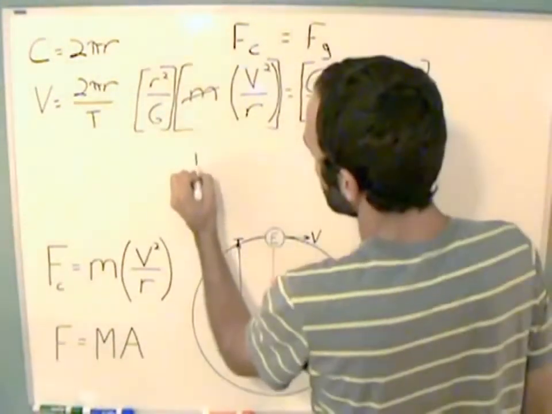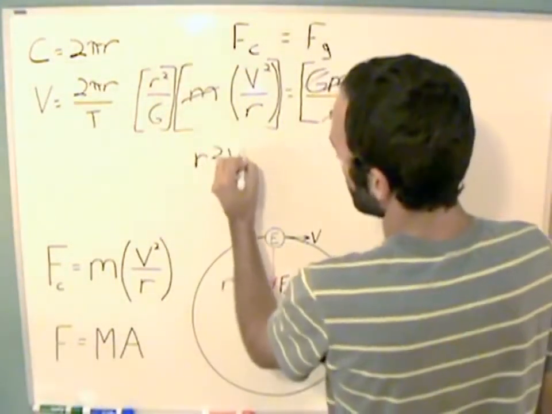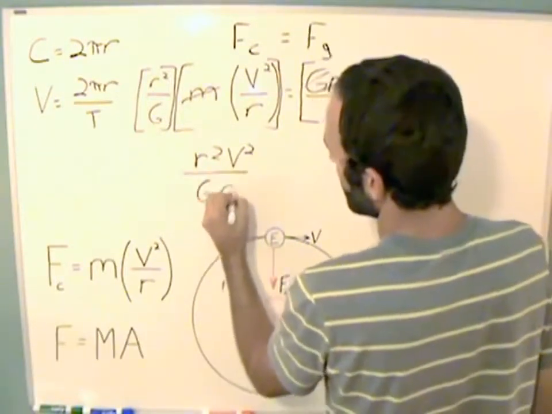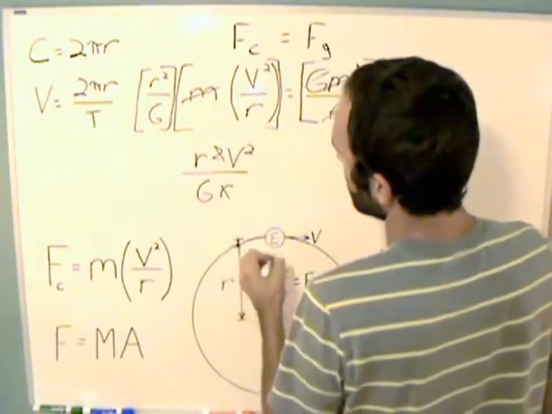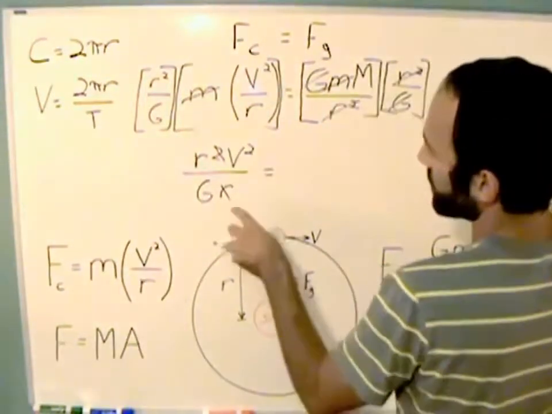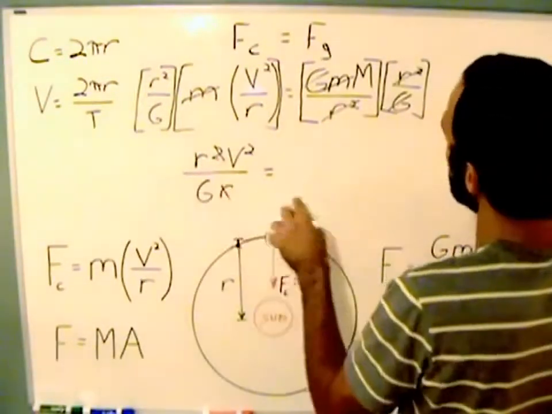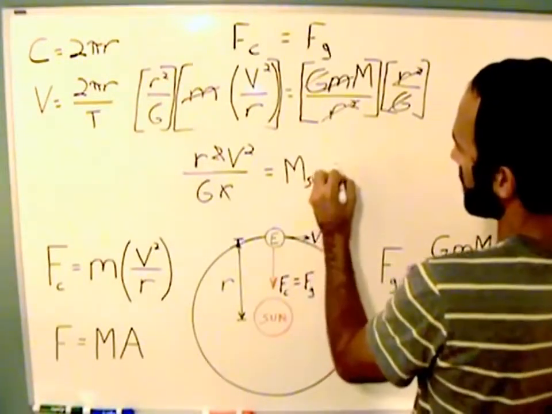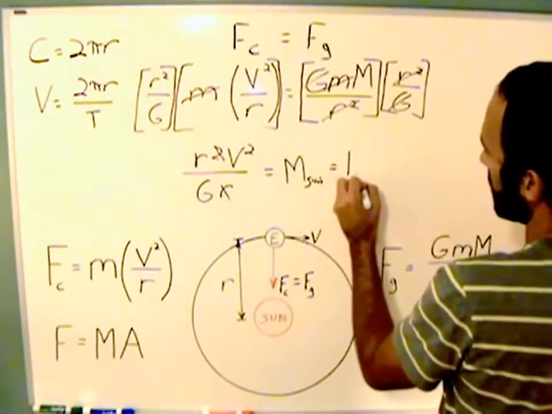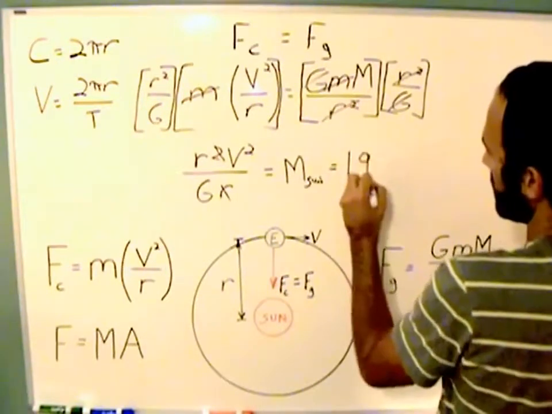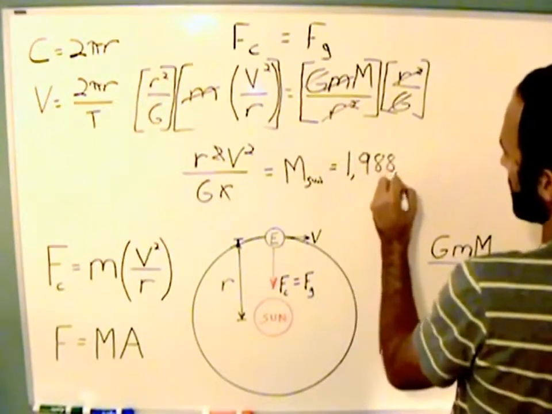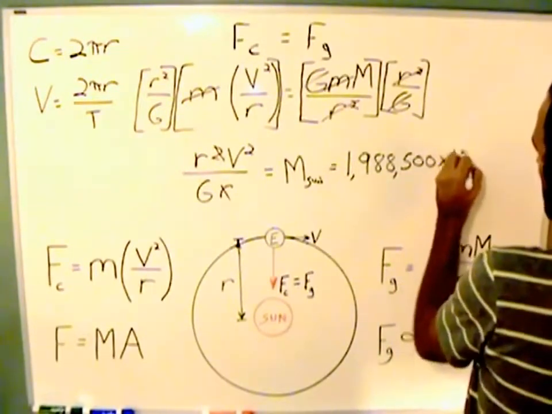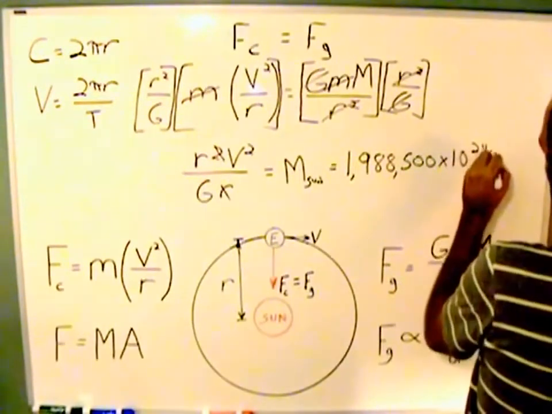Over here you've got r squared times v squared over g times r, and then this r cancels. So you really just have r times v squared over g is equal to the mass of the sun. And that comes out to 1,988,500 times 10 to the 24th kilograms.